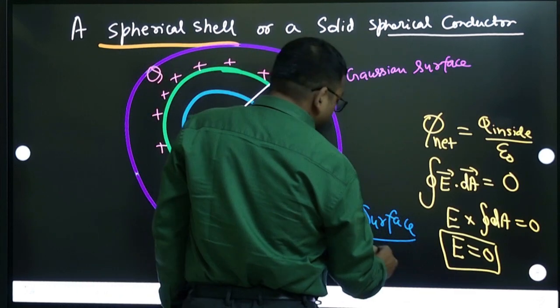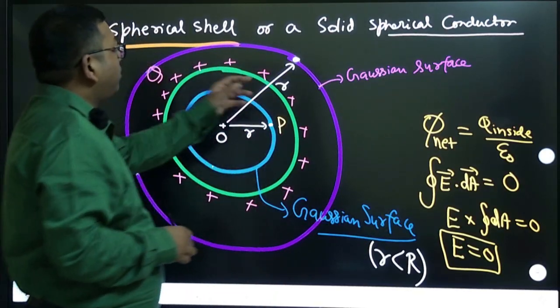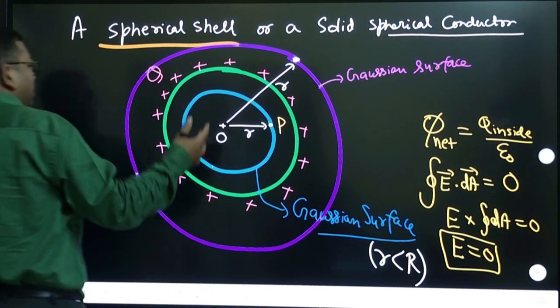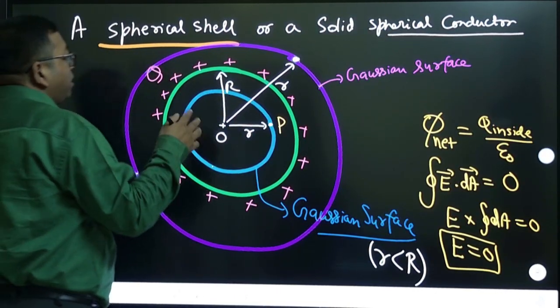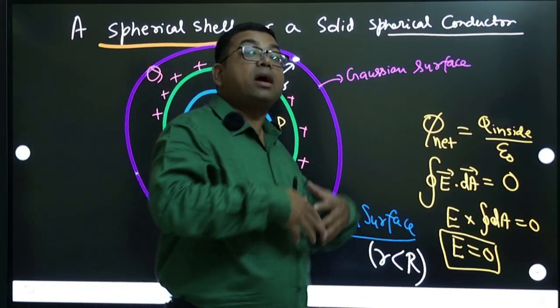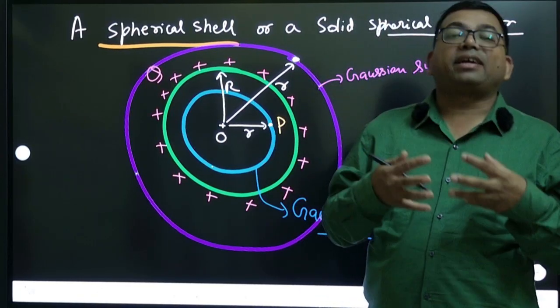Remember, the earlier case was when r is less than capital R. What happens when r is greater than capital R? Capital R is the radius of this sphere. When you are going for points outside this sphere, now the total charge is inside.